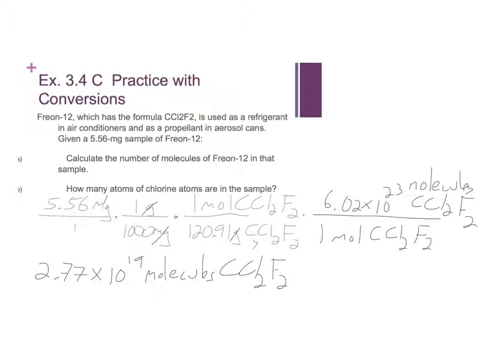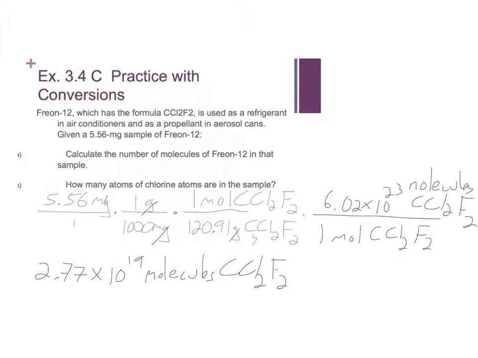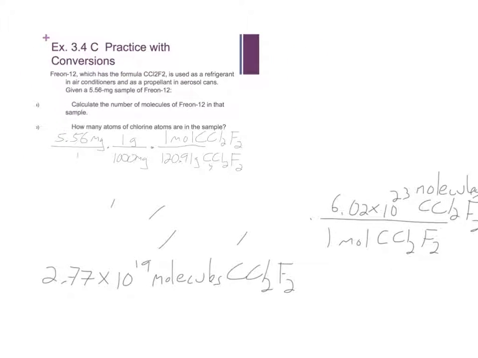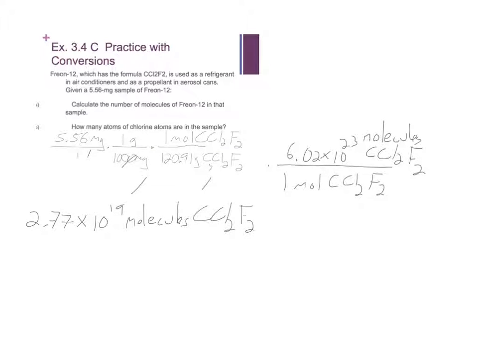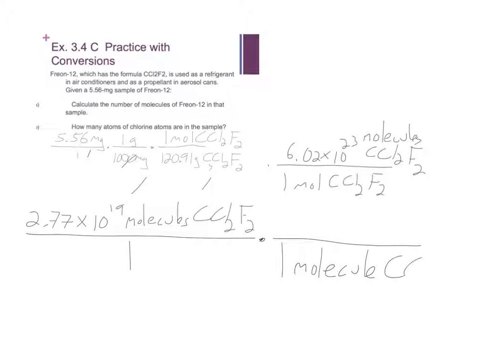We can set that up with conversions too if we'd like. Okay, if we took this and made it a conversion, we've got our 2.77 times 10 to the 19th molecules of CCl2F2, and we can just simply look at the formula and say every one molecule of CCl2F2 has 2 atoms of chlorine.